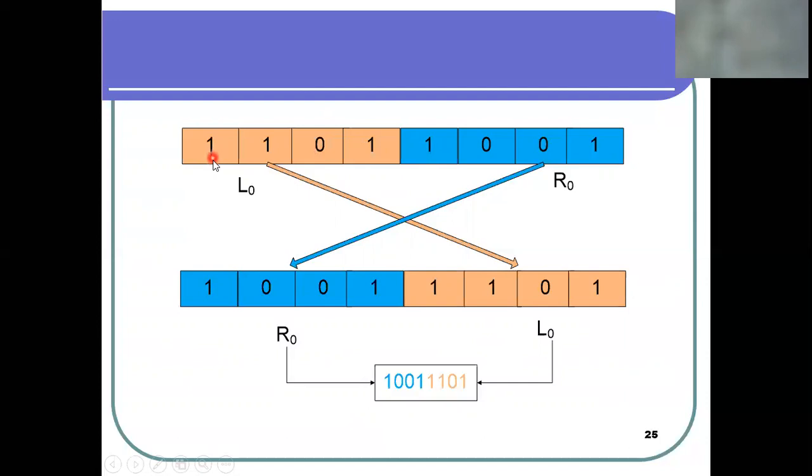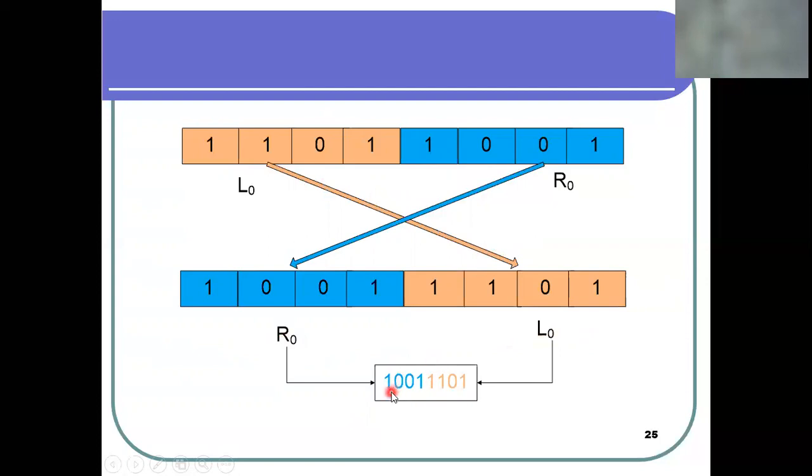I highlighted L0 with a different color, and R0 with blue color, and then swap these both colors, and ultimately the right is on the left, and the left chunk is placed on the right. So we will get ultimately R0 and L0.